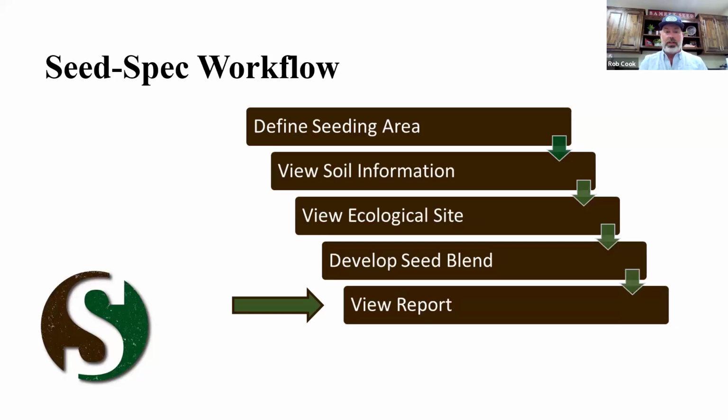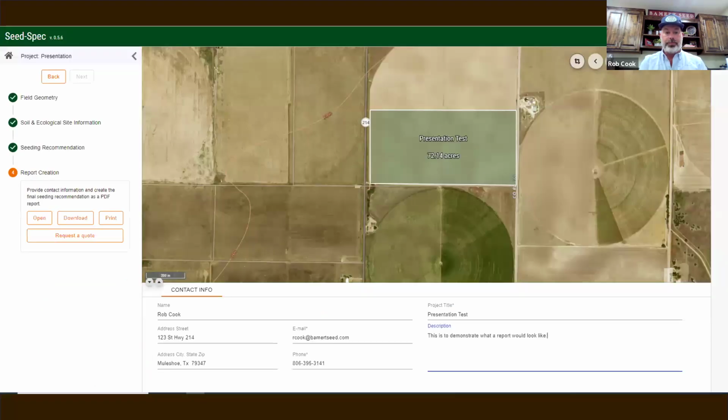So then the last thing we're going to do is we're going to review our report. So you can see down here, when we create a report, we need to enter our information in a report so we understand what the project is. We have room for contact information if you pass this report along to a seed vendor for them to get back to you. Maybe the name of your project, so we can keep those straight.